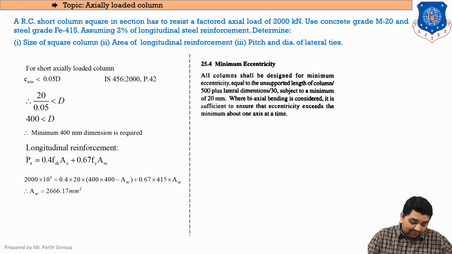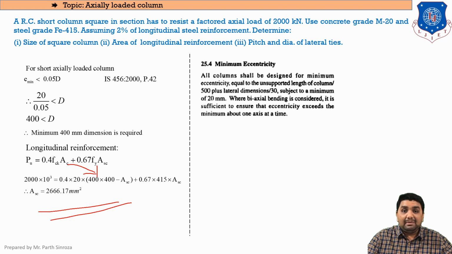Clear? So the equation will be the same, just substitute the values of AG and keep the term ASC unknown, and from this equation again you will be getting the value of ASC. The AC term in the equation will be AG minus ASC. Clear? And AG will be our AG provided. So we have provided AG, that is gross area, to be 400 cross 400.